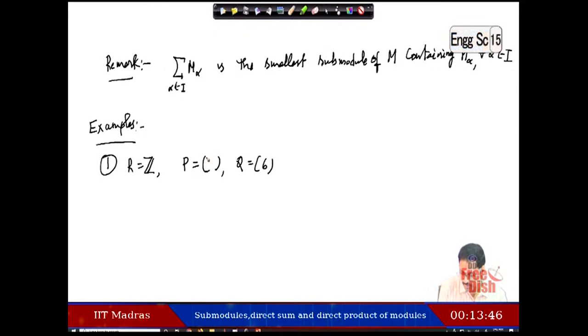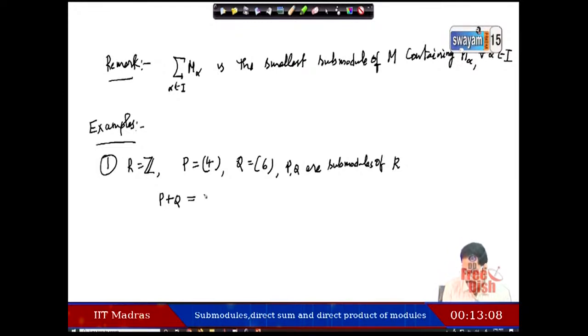Then let us compute P plus Q. Of course, P and Q are submodules, left submodules in fact, of R. If I am not writing anything, simply saying submodule means it is a left submodule. So, P and Q are both left submodules of R, and let us compute what P plus Q is. P plus Q is also a submodule of Z.